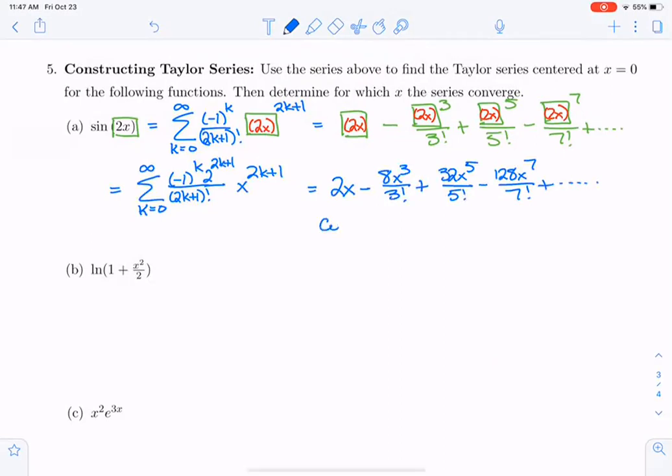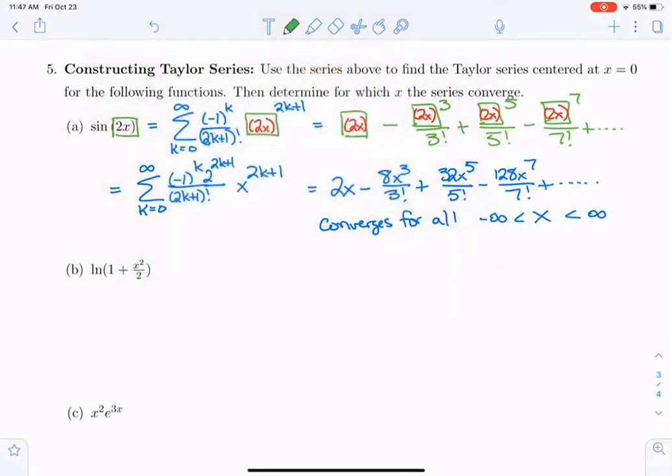And this actually converges for all 2x's between minus infinity and infinity. But if 2x is between minus infinity and infinity, then certainly x is between minus infinity and infinity. So that kind of works out really, really nicely.